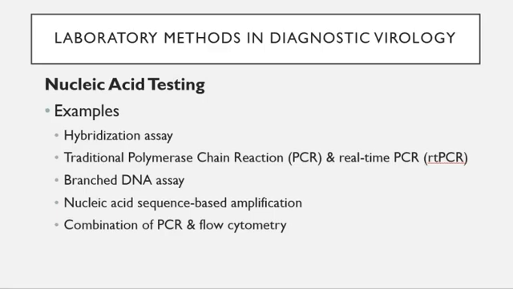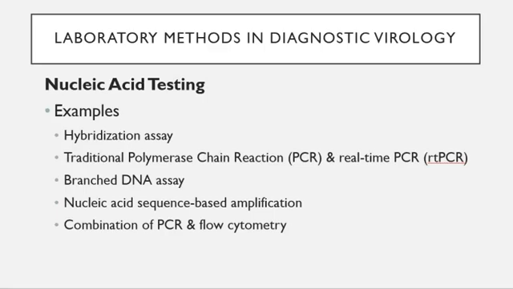There's hybridization assay. An example is FISH. So you're looking for a specific section of genetic material. There's the traditional polymerase chain reaction, or PCR, and real-time PCR, or RT-PCR, and we'll talk a little bit more about PCR here in just a second.